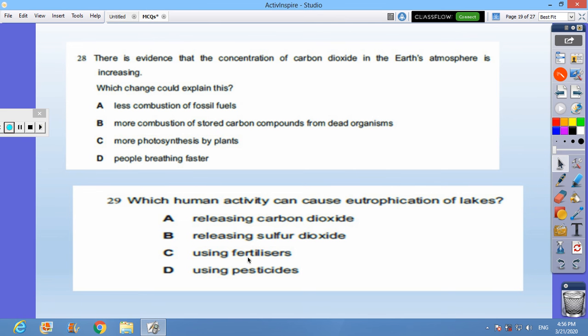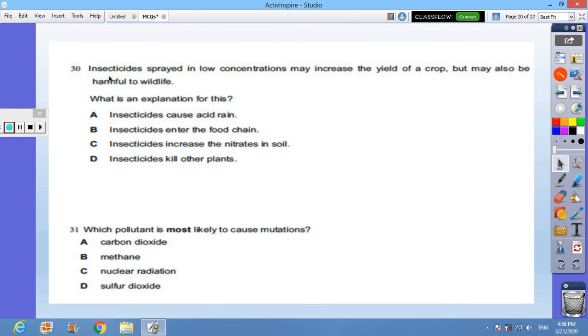Using fertilizers. 30. Insecticides sprayed in low concentration may increase the yield of crop, but may also be harmful to wildlife. What is an explanation for this? B. That insecticides enter the food chain.